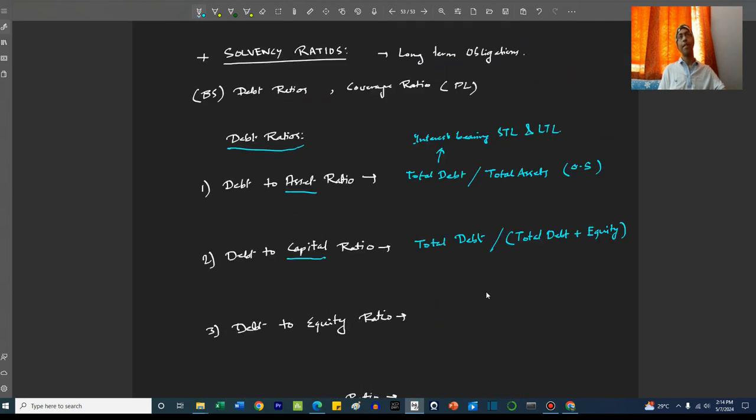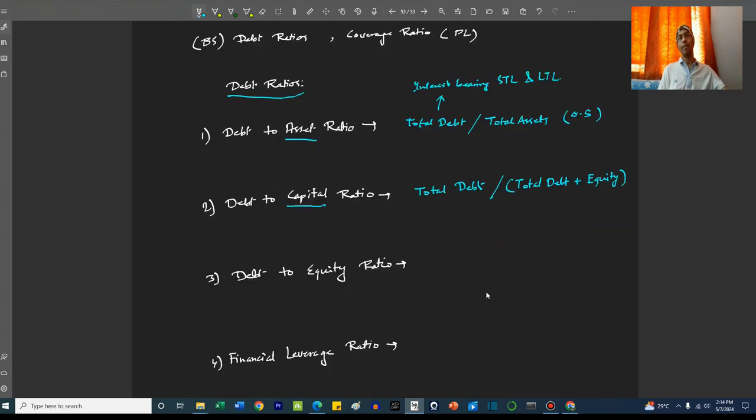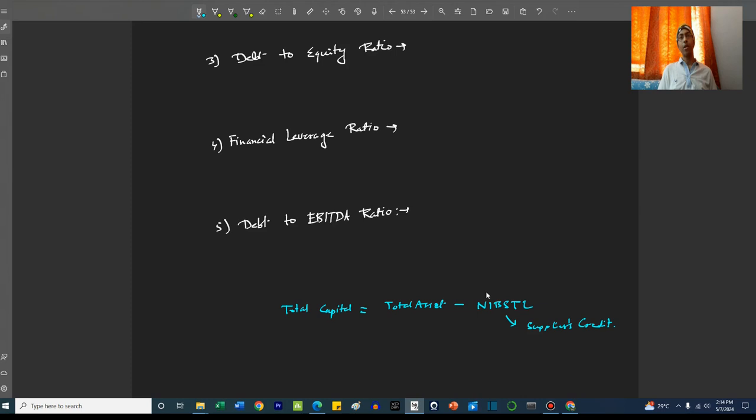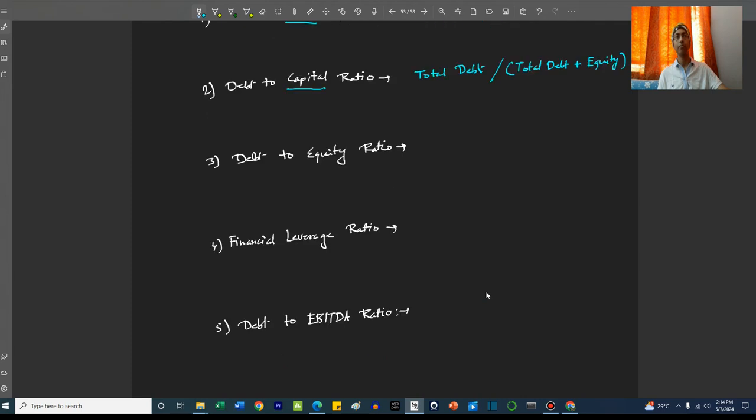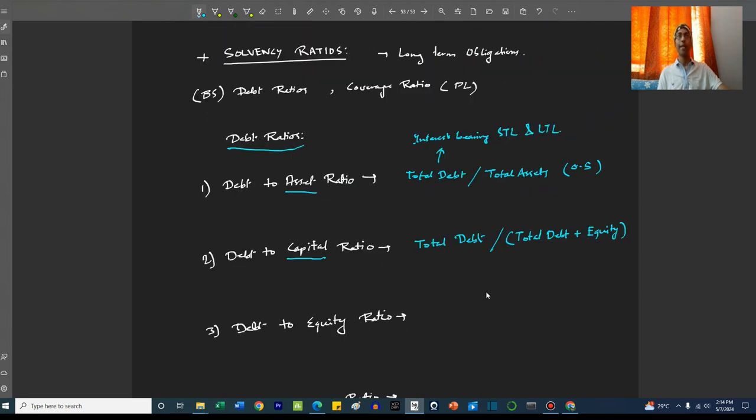You can specifically understand here, friends, when we use the definition of total debt, we specifically used interest bearing short-term and long-term liabilities. Supplier's credit is also a liability, but it does not bear any interest, so we are not going to include it in total debt. Similarly, to differentiate between total capital employed and total assets, the differentiating factor is the total capital does not include non-interest bearing short-term liabilities. So this is the difference between capital and asset.